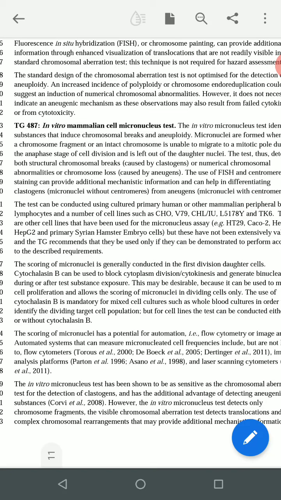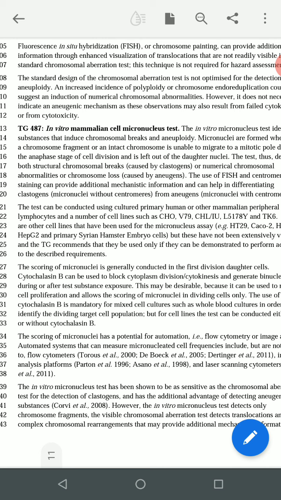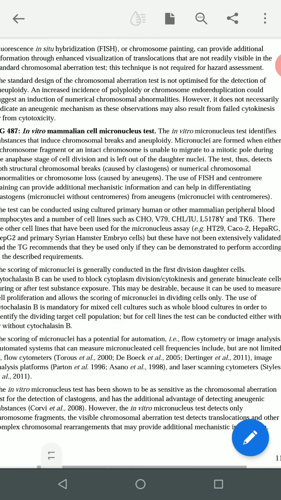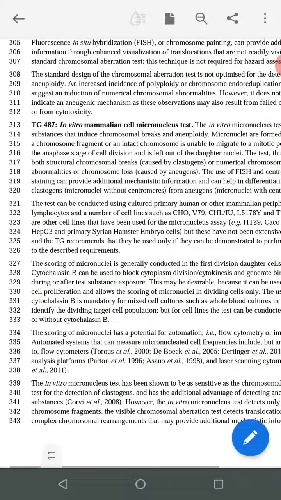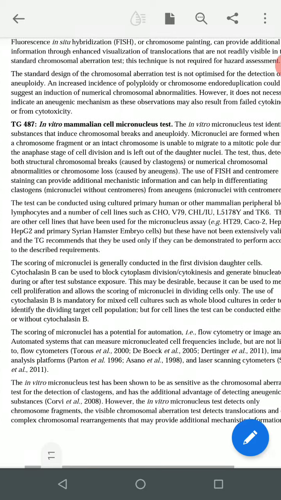The use of cytochalasin B is mandatory for mixed cell cultures such as whole blood cultures in order to identify the dividing target cell population. But for cell lines, the test can be conducted either with or without cytochalasin B. The scoring of micronuclei has potential for automation, flow cytometry or image analysis.